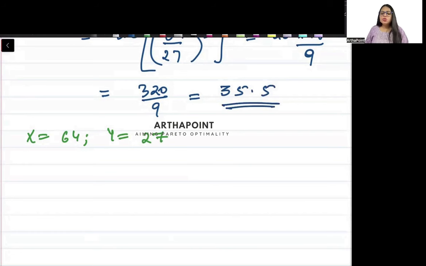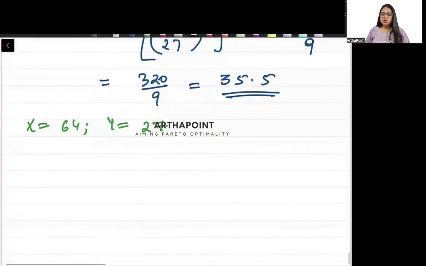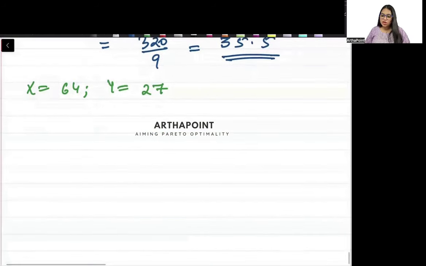Okay, now the question is asking you to check the unit vector where it changes most rapidly. In order to do that, what will you do? How will you find the gradient vector?